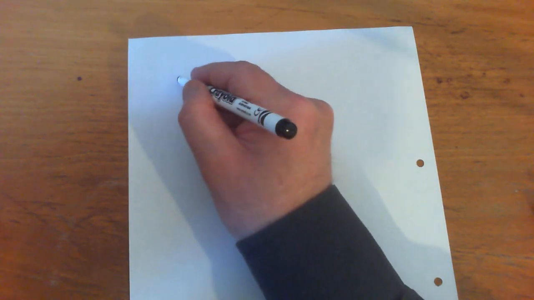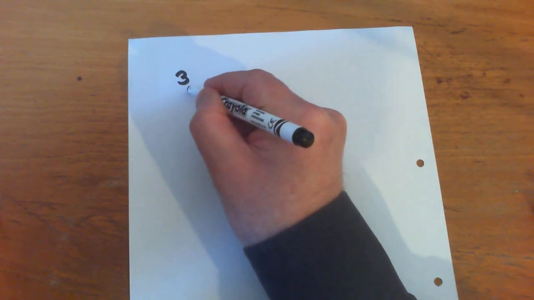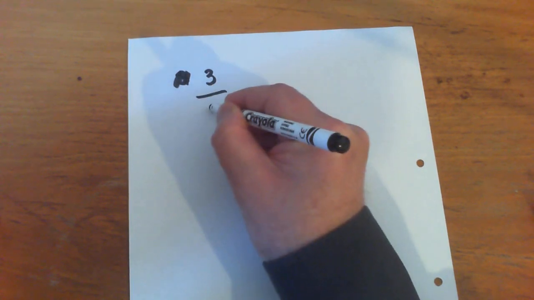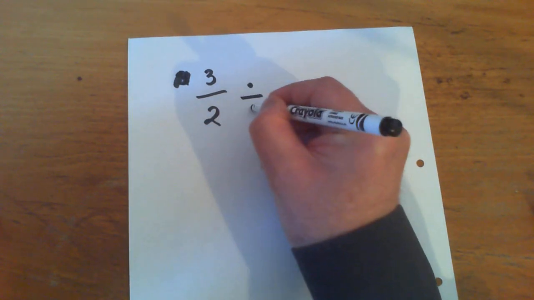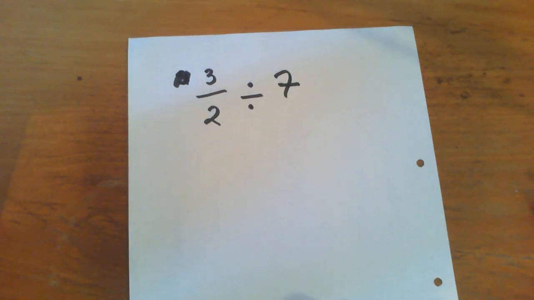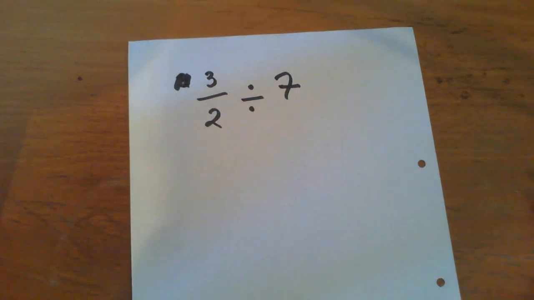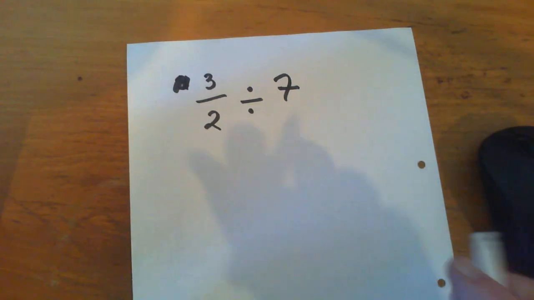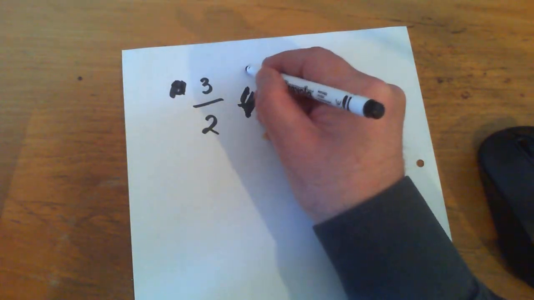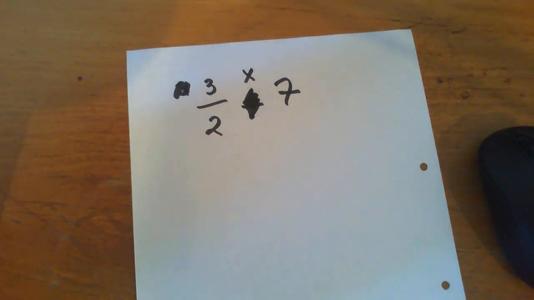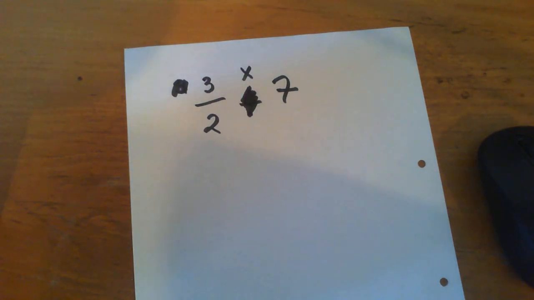Say I've got something like 3 over 2... No, I'm getting confused with what I've just done. So, not a division, a multiplication. How do I tackle something like that? Perhaps before I talk about that, I should talk about fractions in general.